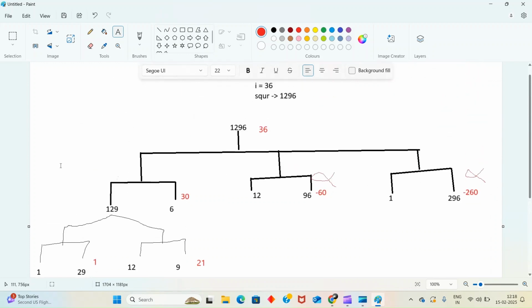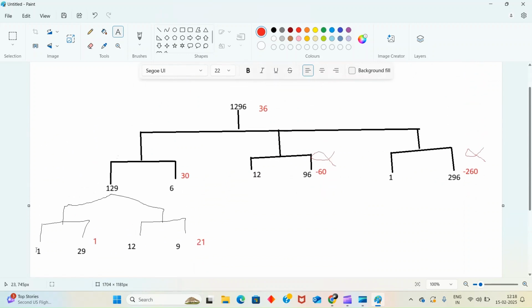So I can say this path, 1 plus 29 plus 6, gives 36, so I can add this to our count. And if I get a negative number, that means this 96 cannot be our partition. So this is one invalid case.